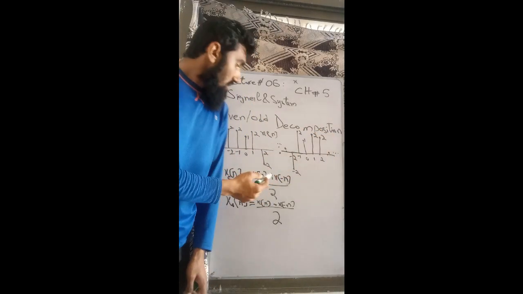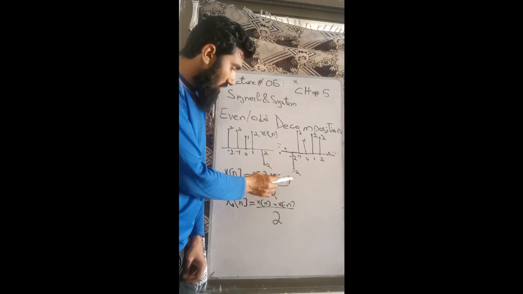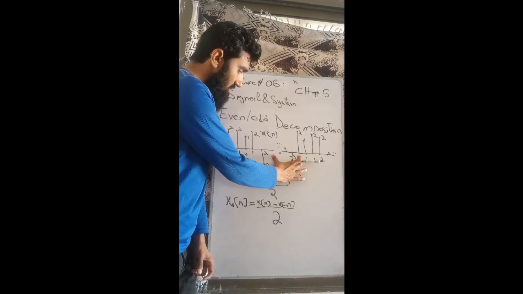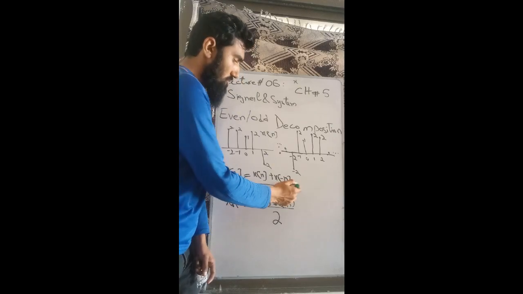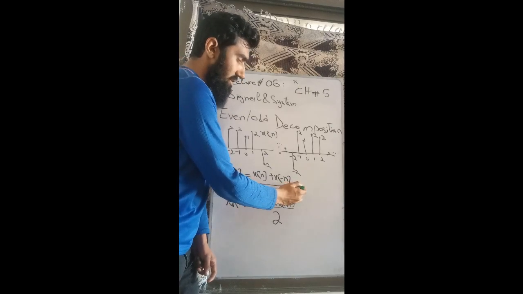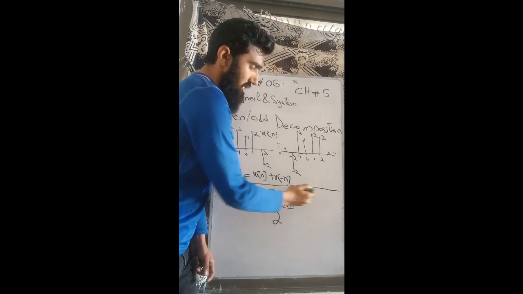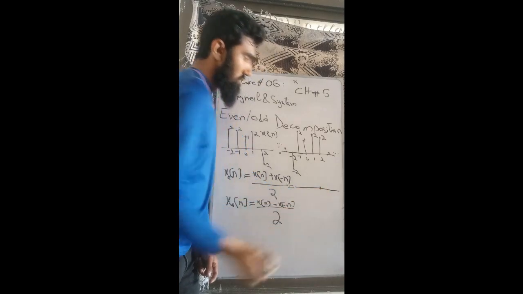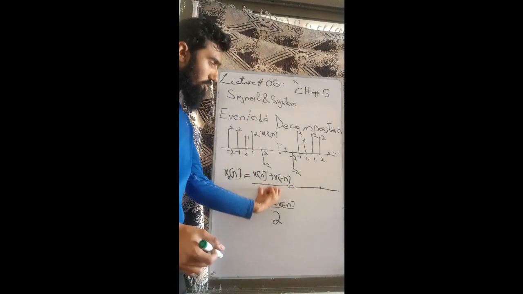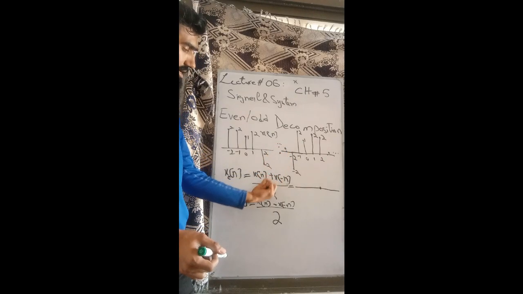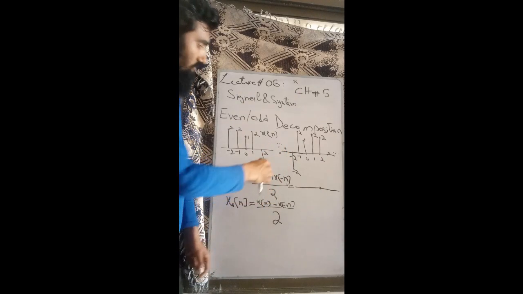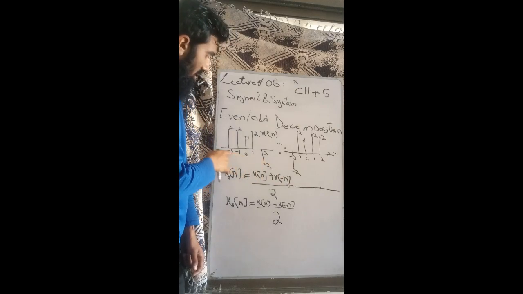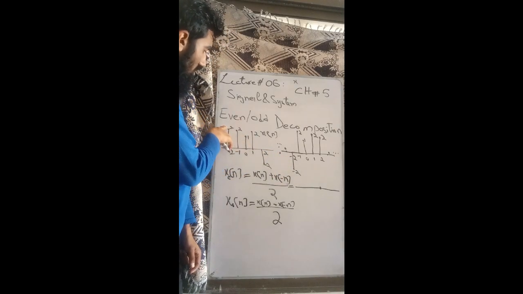Agree with me? Now what we are doing, we are adding these two signals and dividing by 2. We will get the even part. So if we perform these operations on these two signals, adding and dividing by 2, what we will get at -2: the values are -2 and 2.